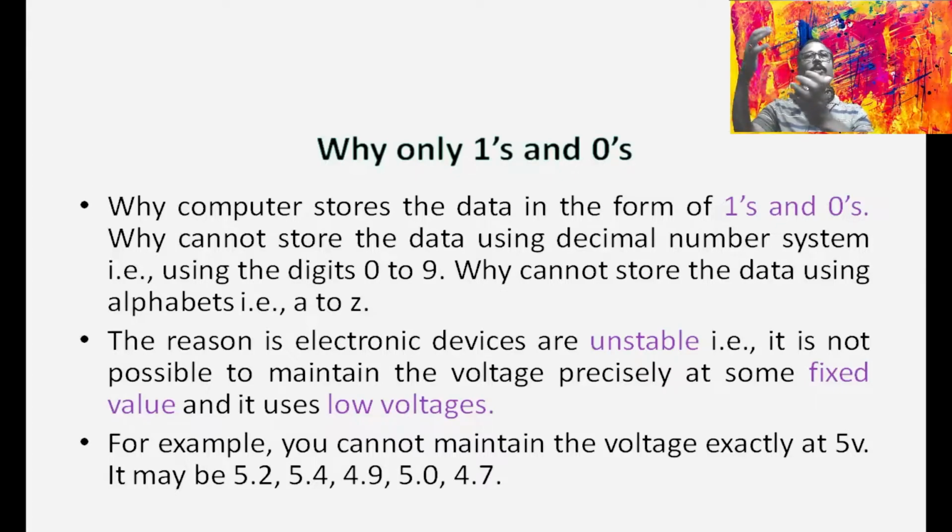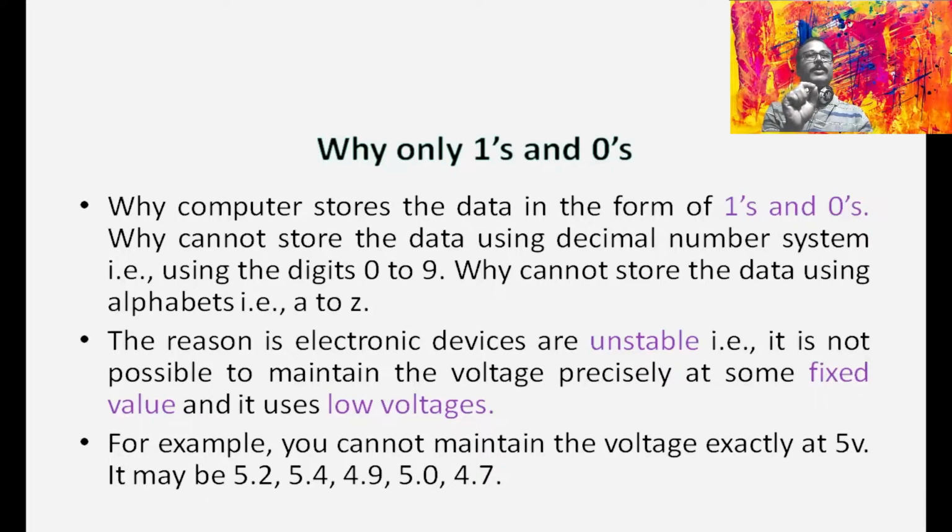Now again, if the voltage levels increase, the size of the components increases, and the size of the computer increases. So you should have only a few voltage levels. It should use only low voltages in order to reduce the size of a computer. But it is difficult to keep the voltage exactly at a particular value.